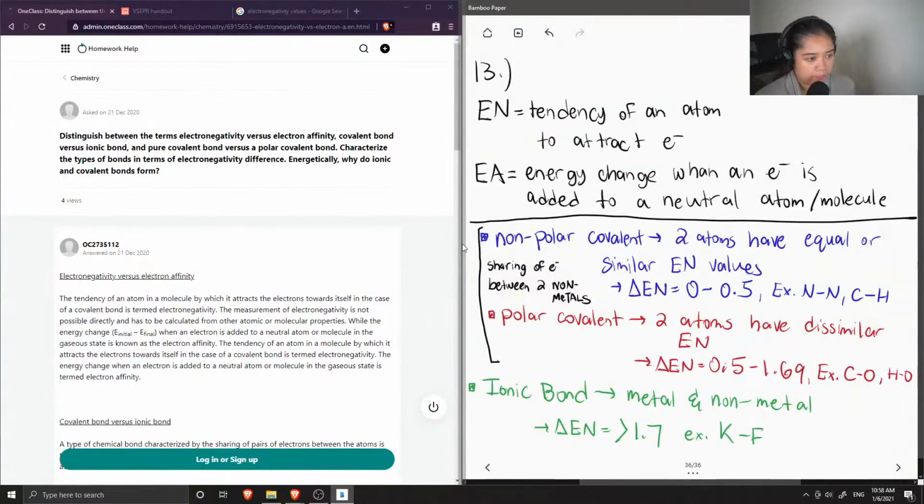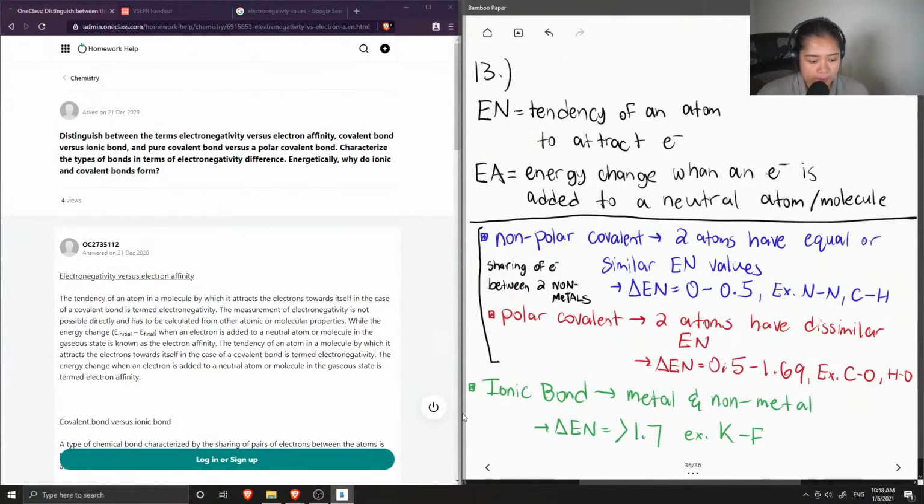So for ionic bonds, this is when a metal would give one of its electrons to a nonmetal. So you're not sharing the electrons to form the bond.